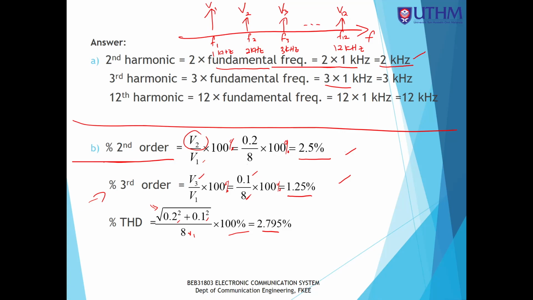In this case you need to read the question to see up to which harmonics it wants. The question should clearly state up to which order of harmonics you need to calculate the total harmonic distortion.